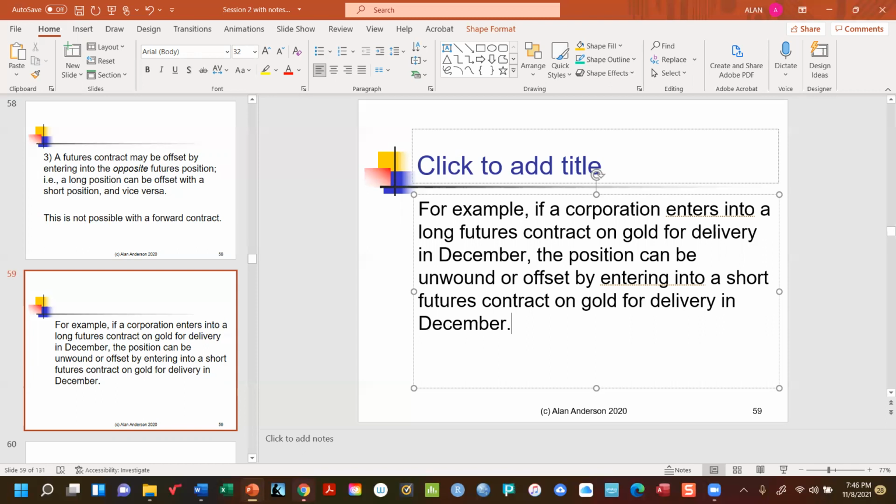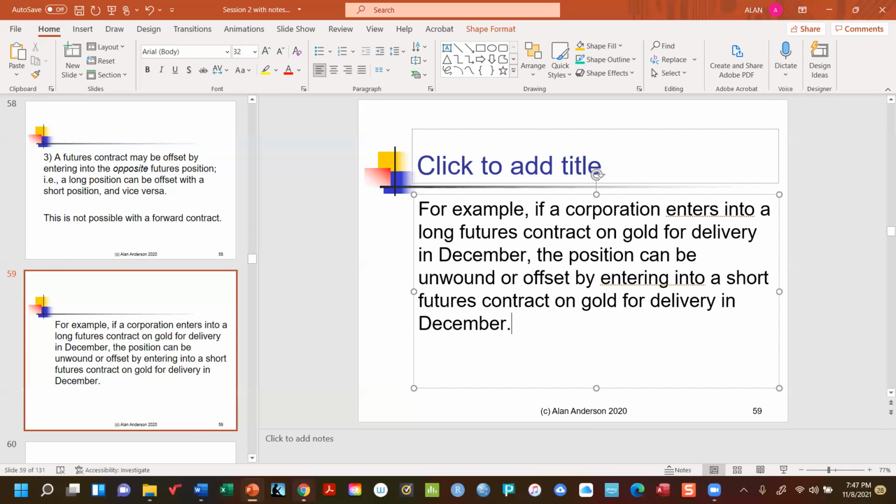And in fact, in a lot of cases, hedging is done this way with futures contracts because the hedger may not actually want to take delivery of the gold. They simply want to collect any profits that they may earn from their hedge. And so they'll wait until the timing is right, and then they'll offset their position with the opposite contract.